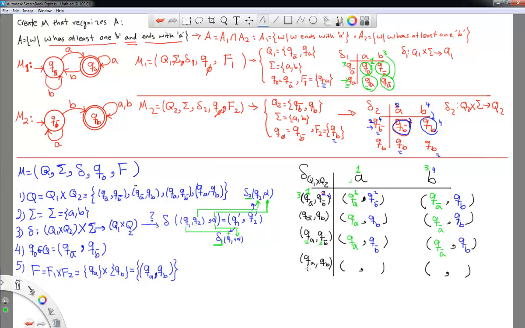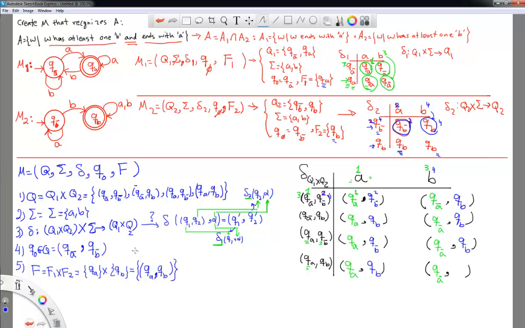Finally, when we are in QA and we see an A, we stay in QA. When we are in QB and we see an A, we stay in QB. And when we're in QA and we see a B, we go to Q naught A. Machine 1 does that.